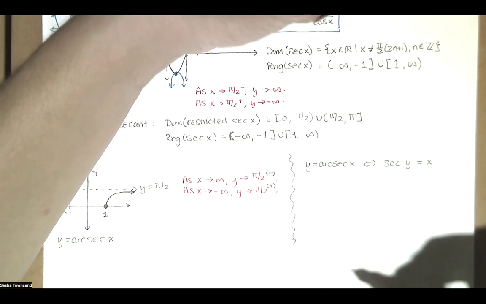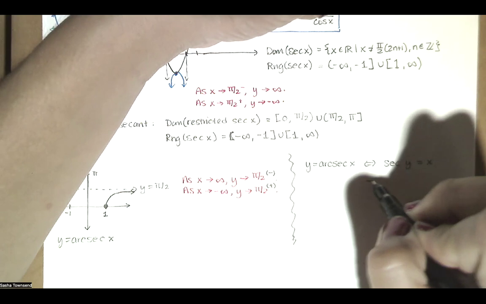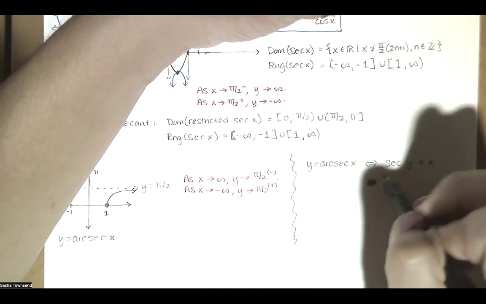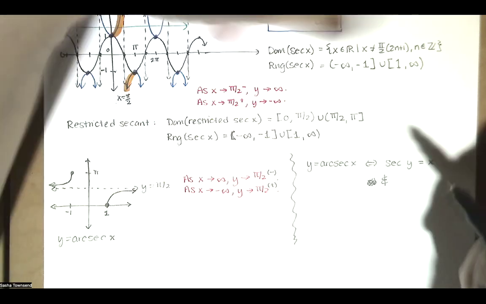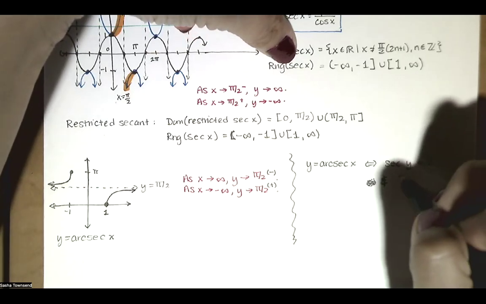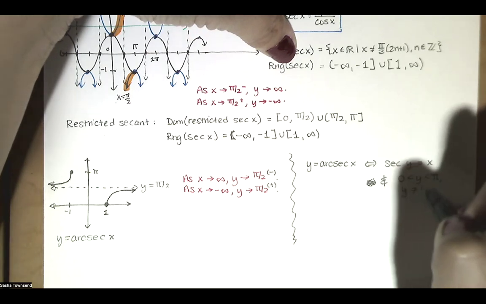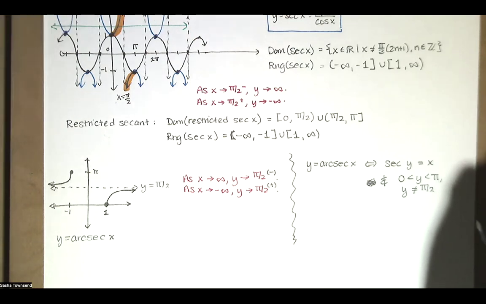Now, I don't think in terms of secant, I think in terms of sine, cosine, and tangent. So I say, I need to state my restriction on y. My y value also has to be between 0 and pi. And of course, y is not equal to pi over 2 because that's not in the range of the arcsecant function.